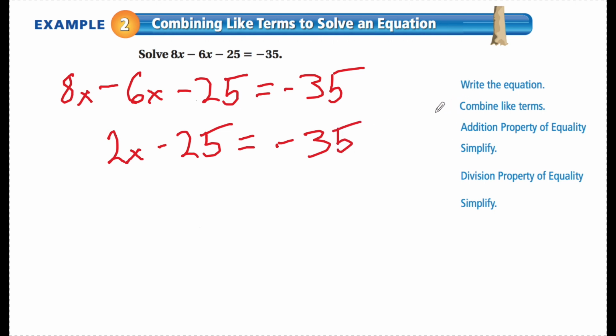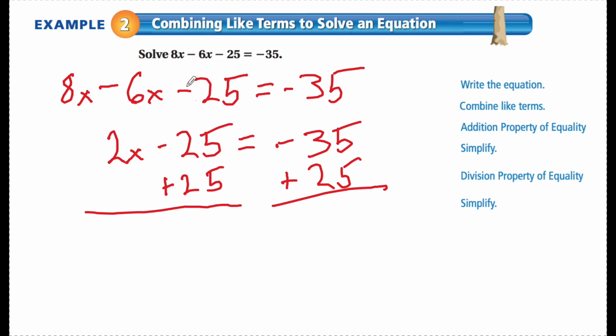Okay, so we combined our like terms. Next, we want to isolate x. Negative 25 is attached by subtraction. The inverse operation of subtraction is addition. So we add 25 to each side. These cancel, so it'll be 2x is equal to negative 35 plus 25, which is negative 10.